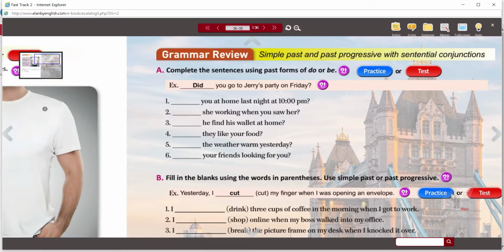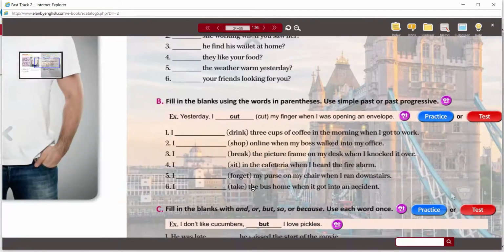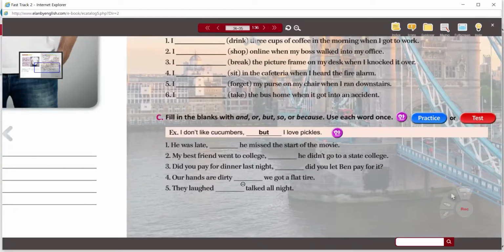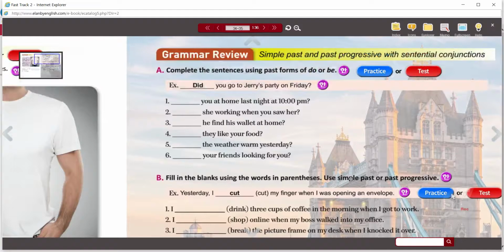But also in your textbook, you have a grammar review. Okay, the grammar review allows you to answer some questions and see how you do. You won't get any feedback if you do the activity in your textbook, but on the ebook, you have an excellent opportunity to practice and practice again and study for the exam. So I encourage you to do that.